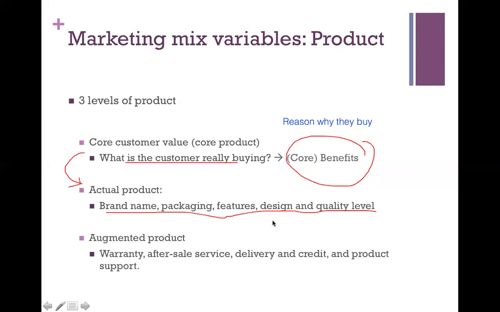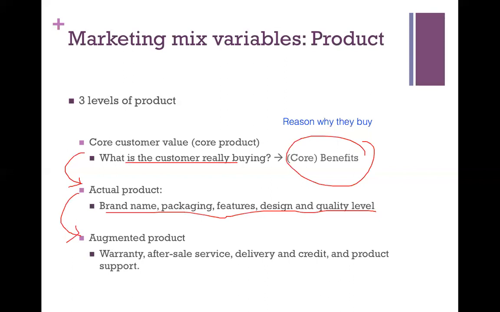All right, and the next thing that we do is to decide the augmented product. Augmented products are basically the additional or extra benefits that we offer for the customers. Some authors suggest that these are basically the differentiation that we try to offer to win the customers.